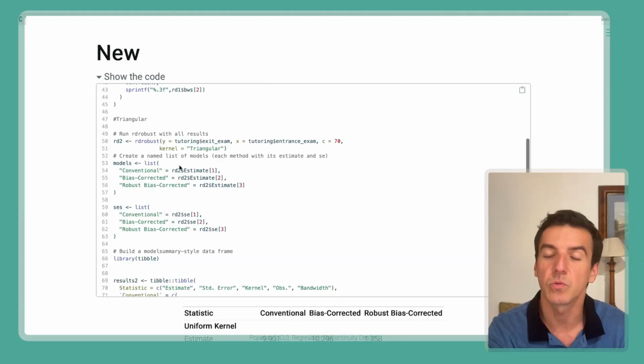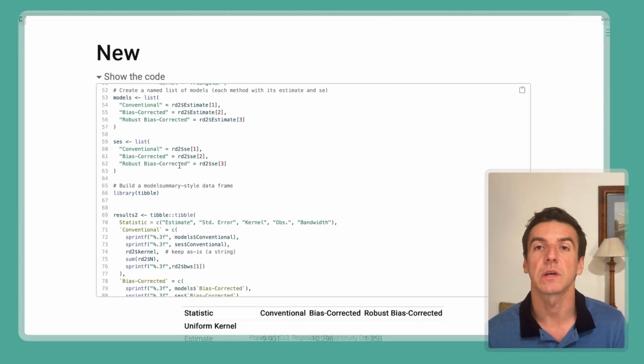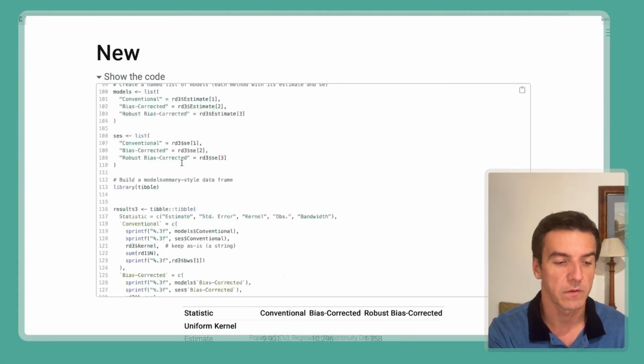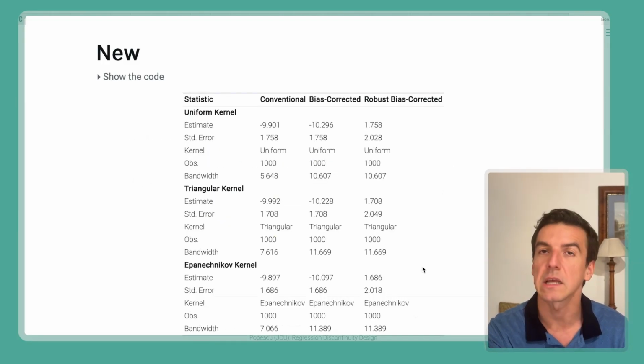This is a good way to demonstrate robustness, to show how the results that you're getting could change as a result of kernel, as a result of the bandwidth, and so on and so forth. So feel free to play around with the code and see if you can get exactly this table.